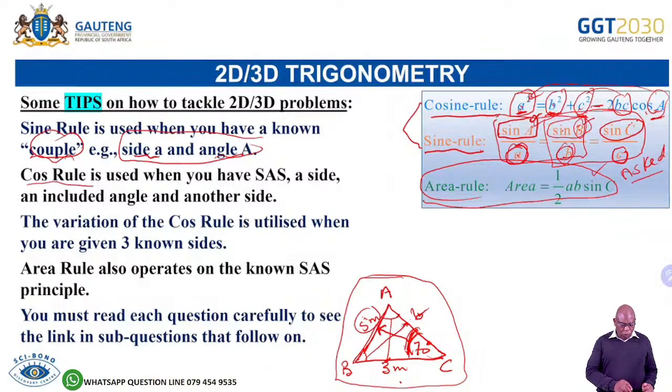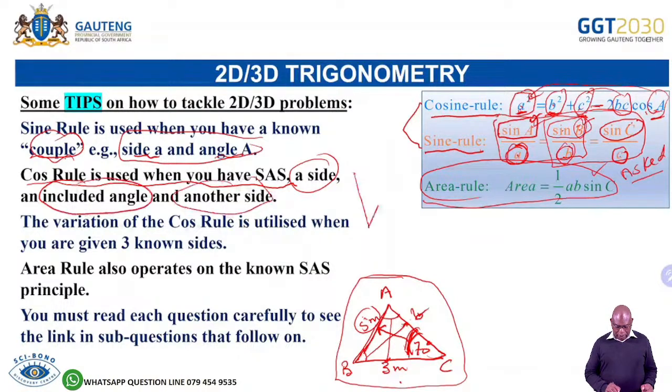The cos rule is used when we have SAS. So in other words, I must have a side, I must have an included angle and another side. So it can be like this. So if this angle is given, these two sides must also be given. See?